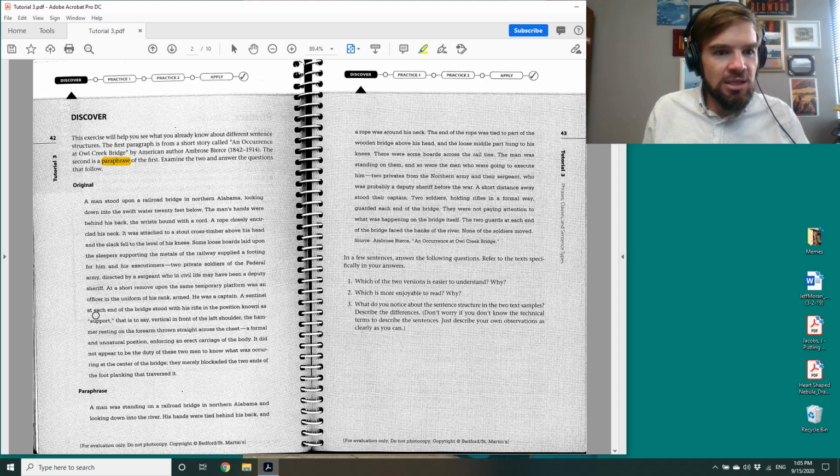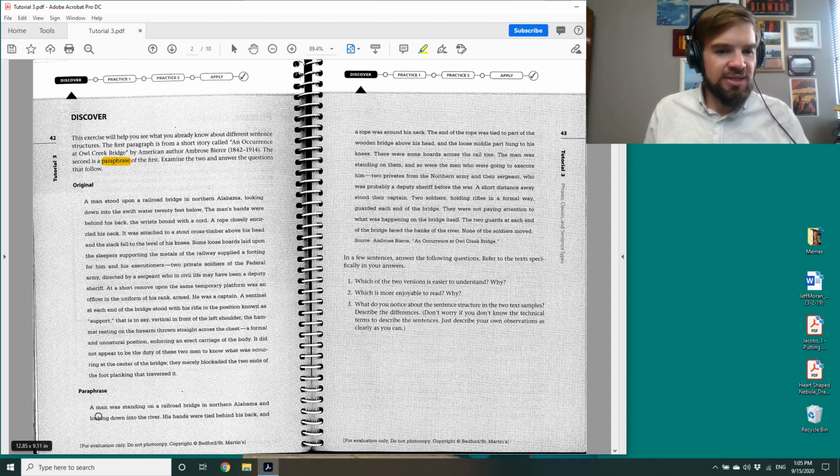A sentinel at each end of the bridge stood with his rifle in the position known as support, that is to say, vertical in front of the left shoulder, the hammer resting on the forearm thrown straight across the chest, a formal and unnatural position, enforcing an erect carriage of the body. It did not appear to be the duty of these 2 men to know what was occurring at the center of the bridge. They merely blockaded the 2 ends of the foot planking that traversed it.